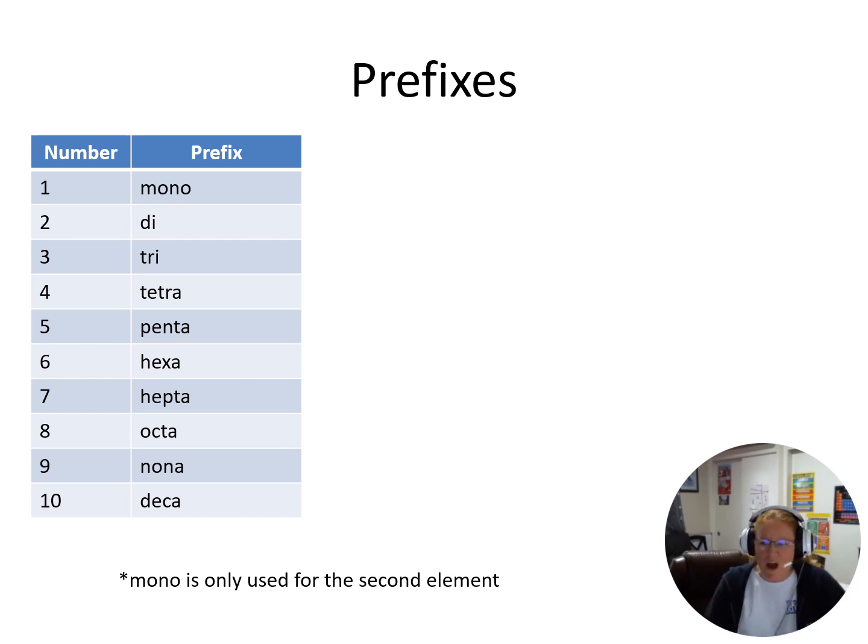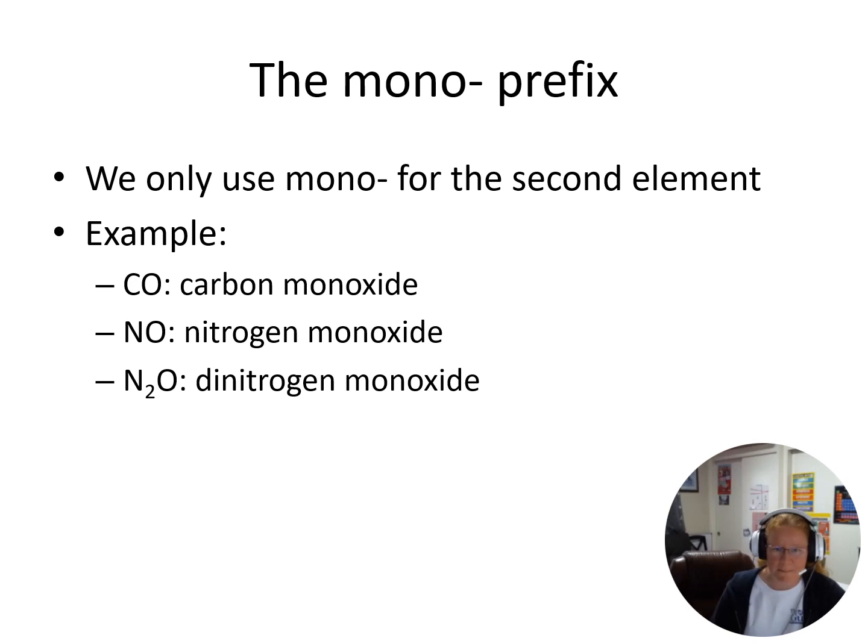That's why it was octoxide, not octooxide. If I have 5 oxygens, it would be pentoxide, not pentaoxide. So it's just the convention that's being used. Again, mono we only use for the second element.